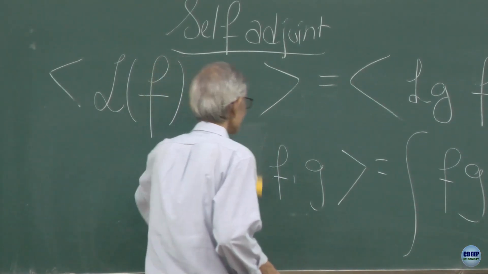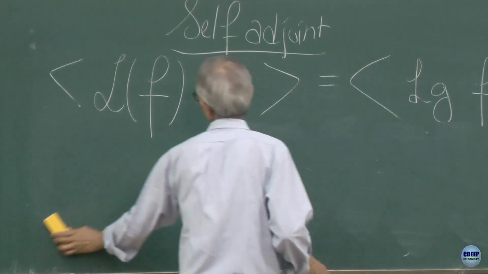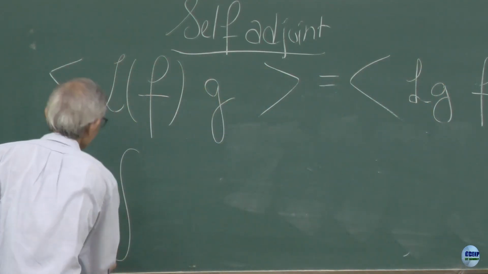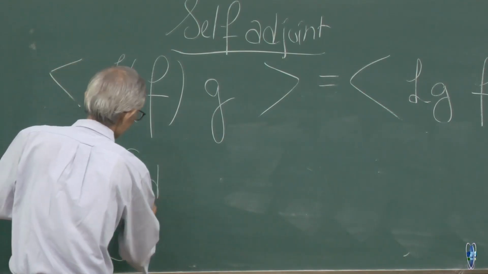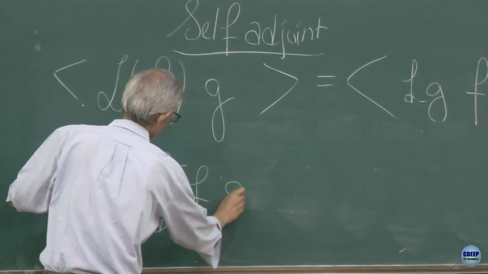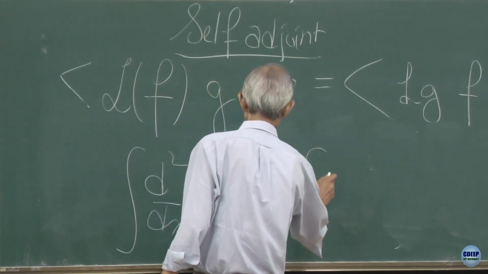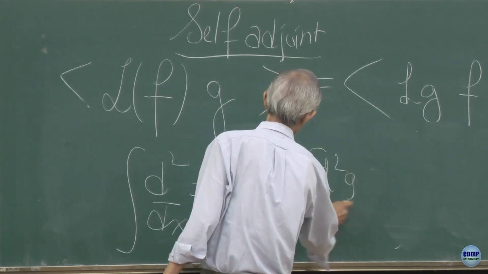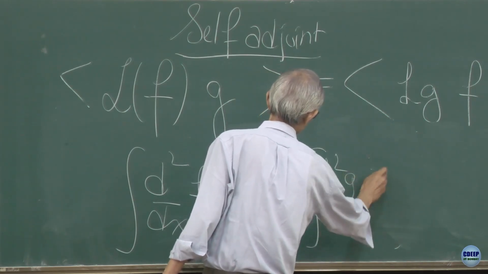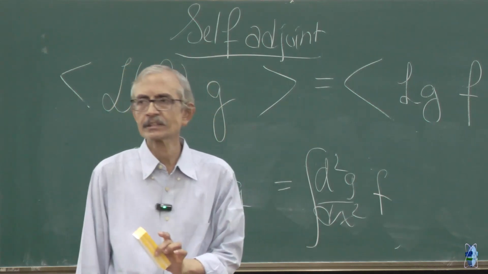So let us just apply the definition, which is the integral of d square f dx square times g. If this is equal to the integral of d square g dx square times f, then it qualifies to be a self-adjoint operator.